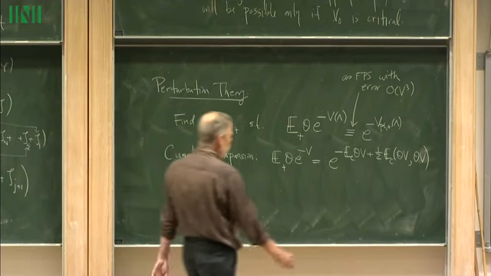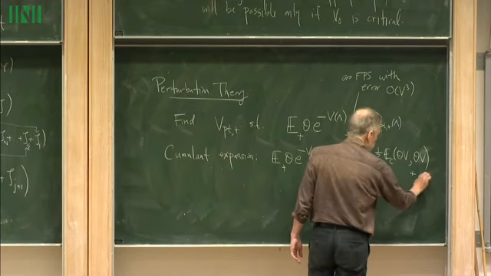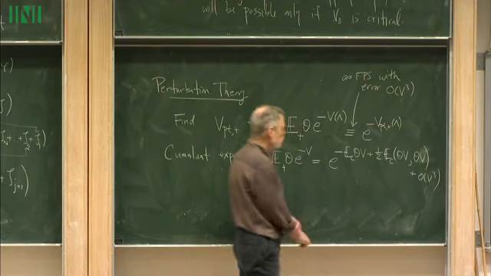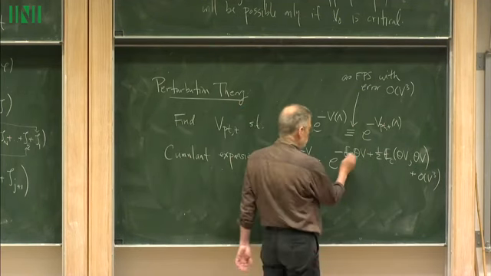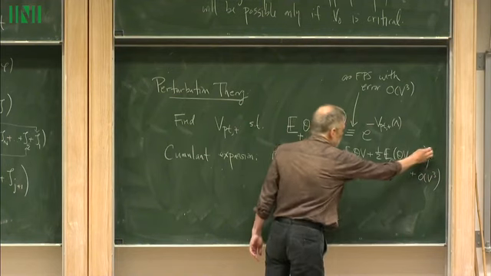And then there are higher order terms up in the exponent. So this is VPT. It's just this.